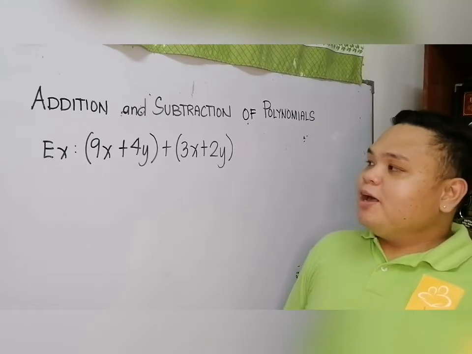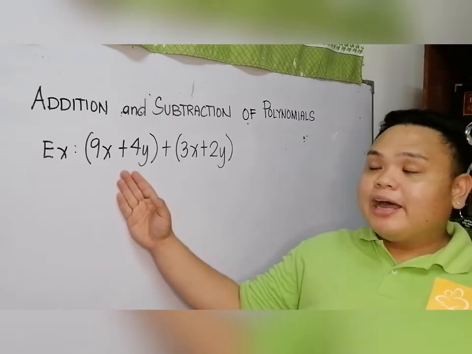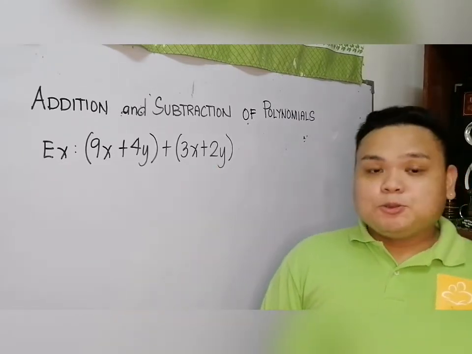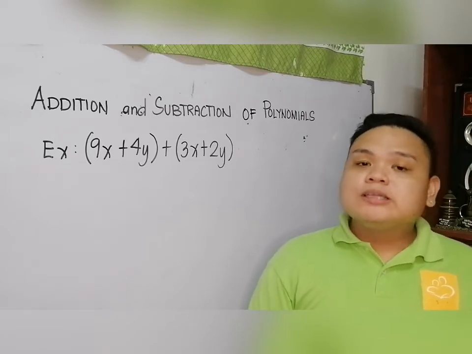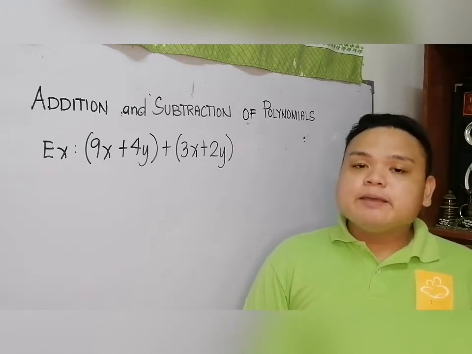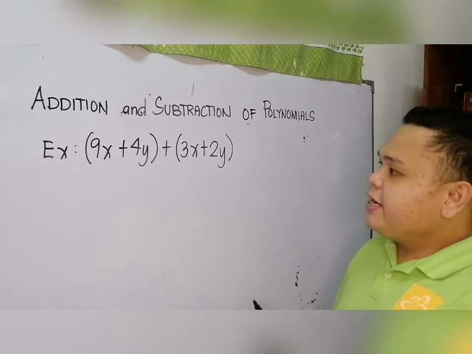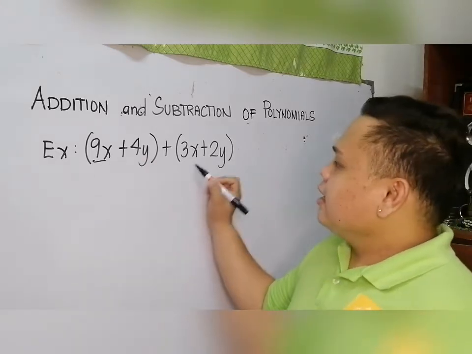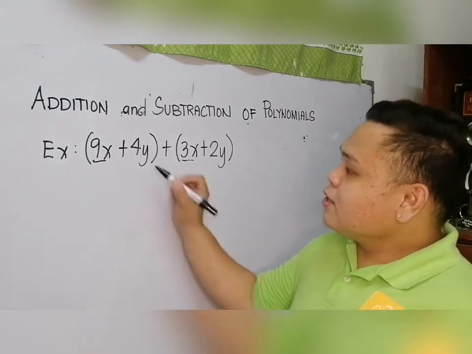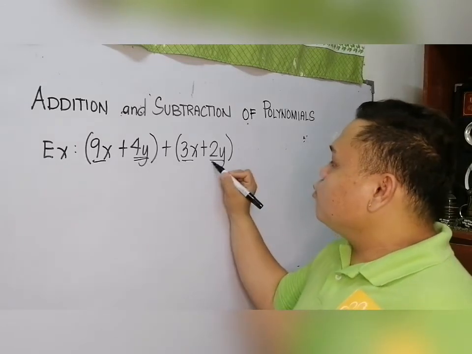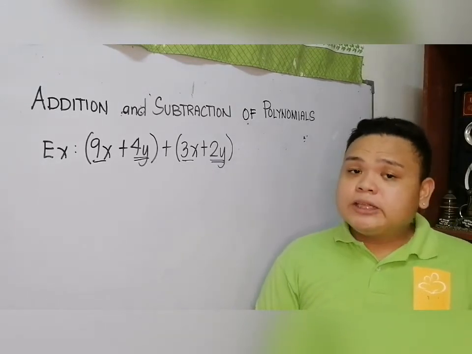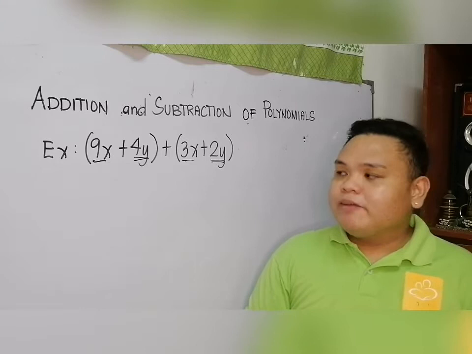Our next example, we have 9x plus 4y plus 3x plus 2y. In this case, all we need to do is to look for the terms with the same literal coefficient. We have here 9x and 3x, and we also have here 4y and 2y. We are just going to combine the terms with the same literal coefficient.